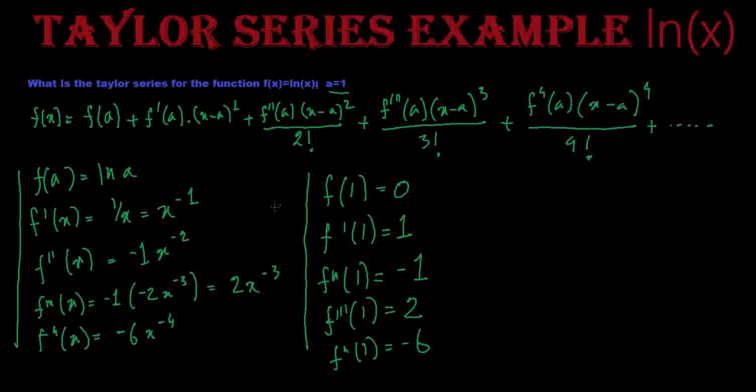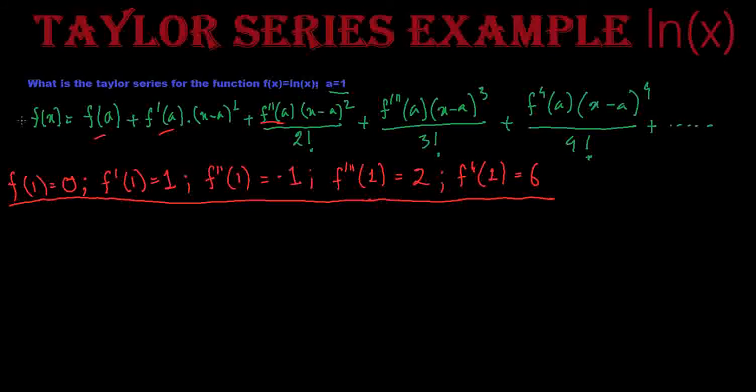So what we're doing is basically we're putting 1 in here and just finding out the value. Now that we have found the derivatives of all these equations, we just have to plug these values in here and find the appropriate series.